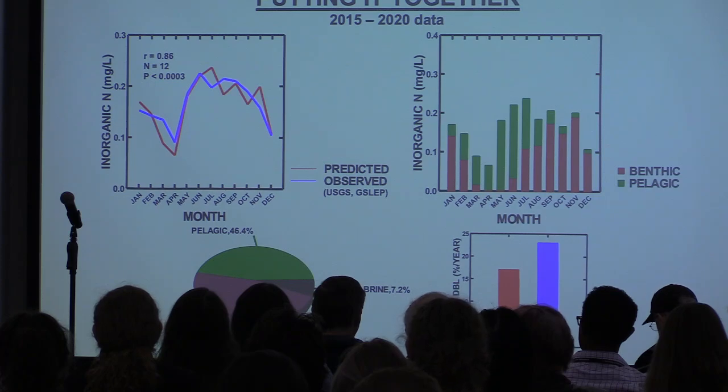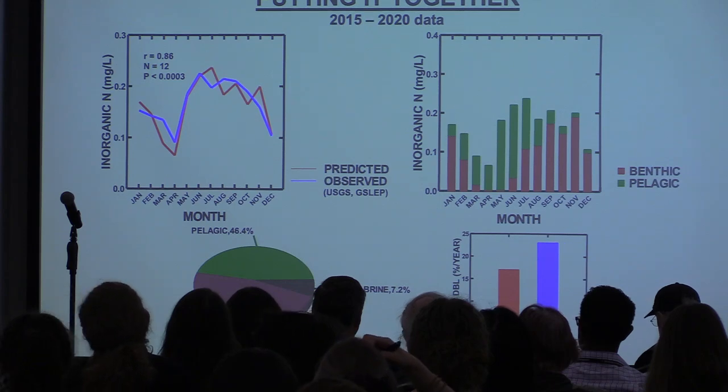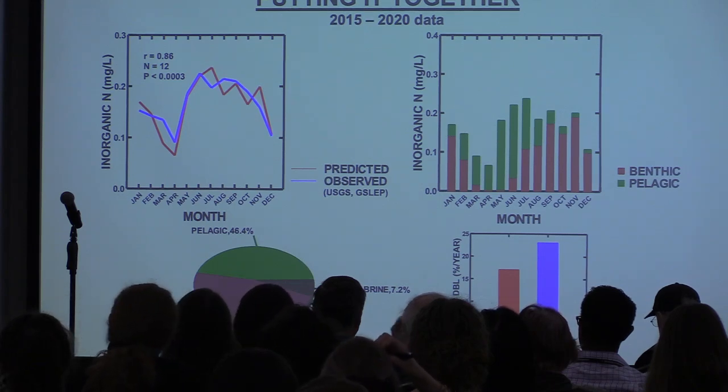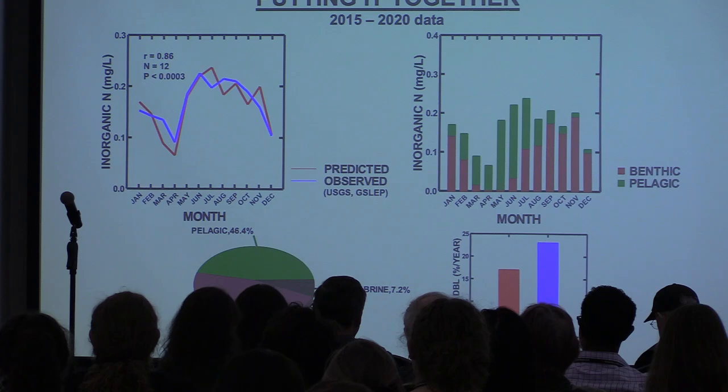Finally, the model predicts that about 17% of the nitrogen that's released in the system settles out into the deep brine layer per year from 2015 to 2020. And the measurement that we get is that the deep brine layer during that period was adding about 23%.